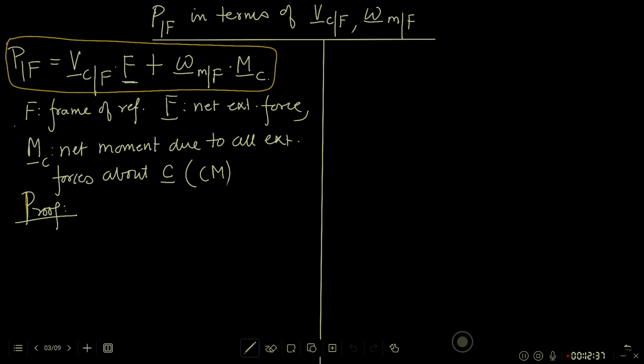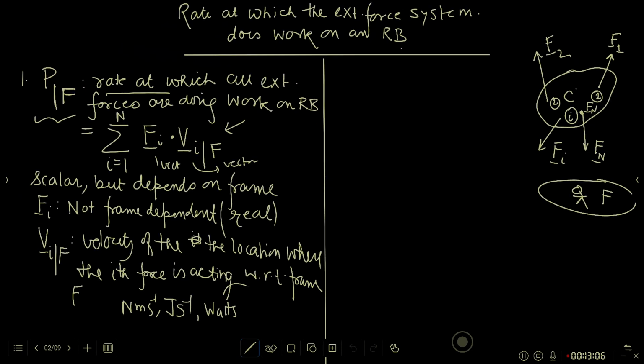It is telling us that the rate at which all forces do work on a rigid body can be written as the velocity of the center of mass of the body with respect to frame F. Now note that this reference frame F that I have been talking about is a general reference frame. No restriction on this.